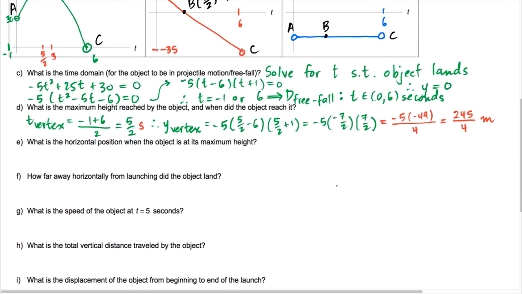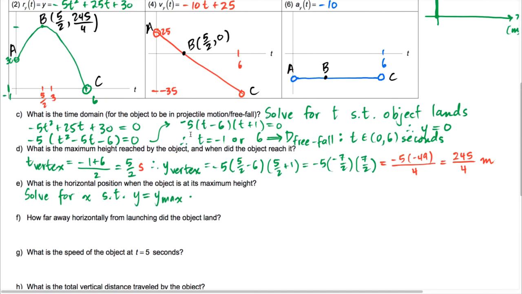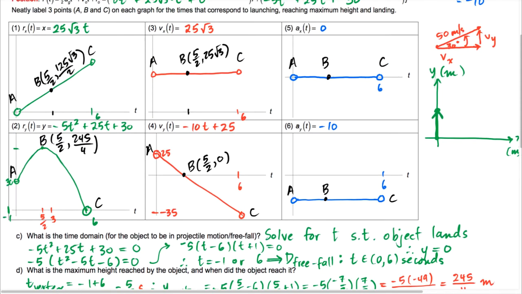The question asks, what is the horizontal position when the object is at its maximum height? So if we translate this verbally directly, we're asked to solve for x such that y equals y max. Now, if you remember earlier, we said that the only quantity that links all 6 of these graphs, or all 6 of these component output values, these function values, is time.